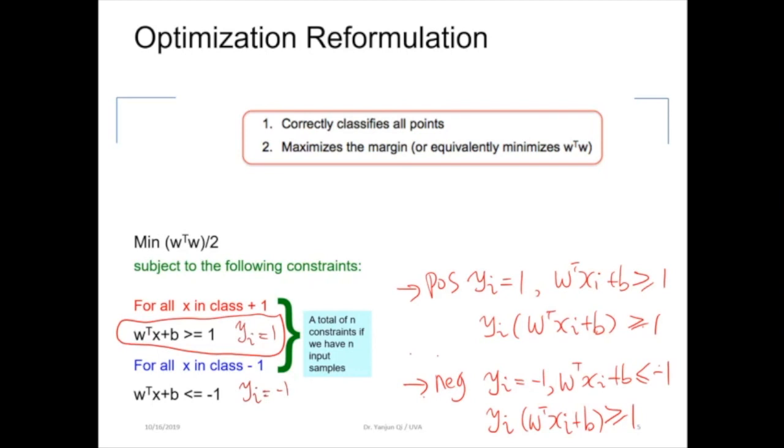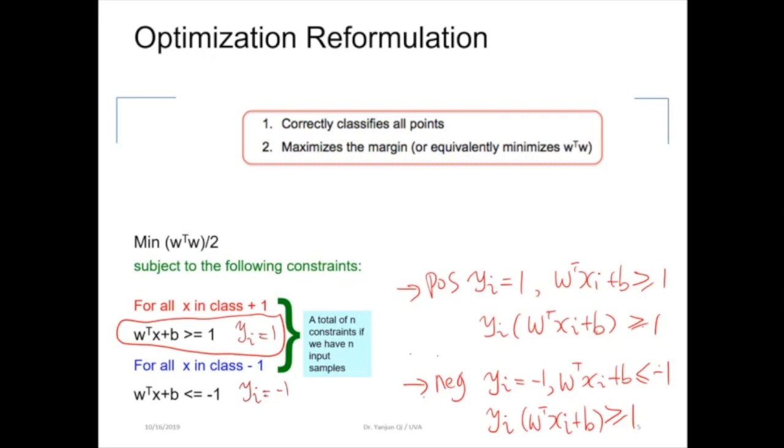In the linearly separable case, we minimize W transpose W over 2. At the same time, for points from the positive class, we want W transpose Xi plus B to be larger than or equal to 1, and for points in the negative class, we want W transpose Xi plus B to be smaller than or equal to -1. That makes the multiplication of the true label and this function always larger than or equal to 1.